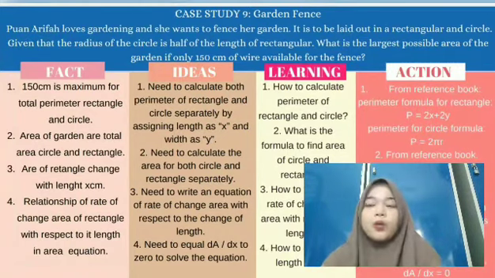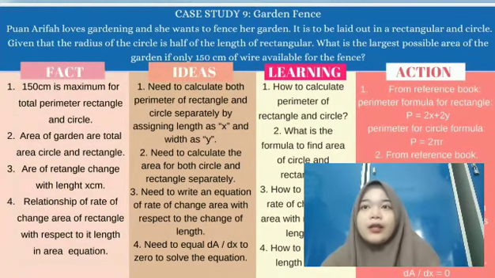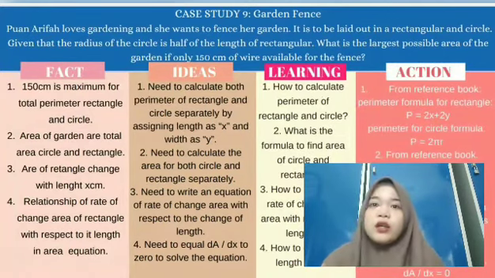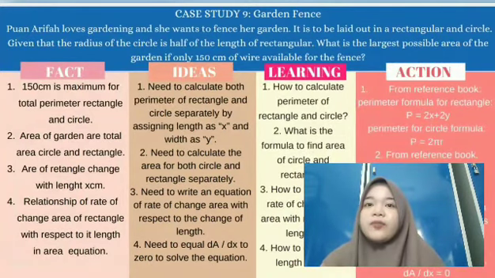In the Villa table, we have 4 elements, which are facts, idea, learning, and action. Firstly, we will talk about fact. The first fact from the question is 150 cm is the maximum limit of total perimeter for both rectangle and circle of the garden.